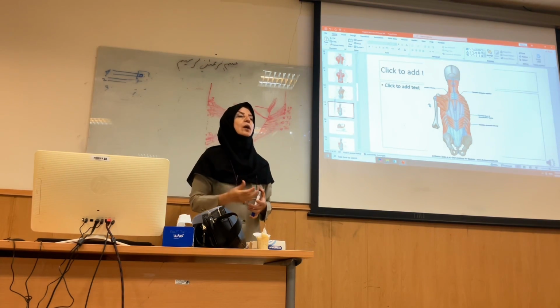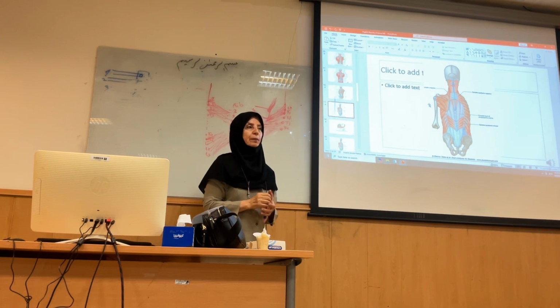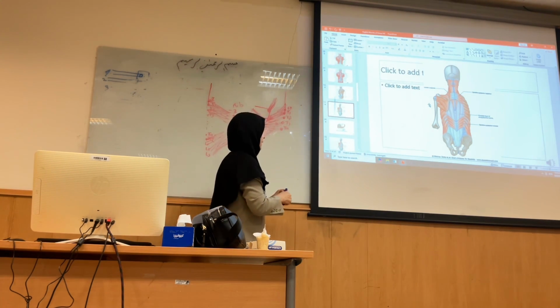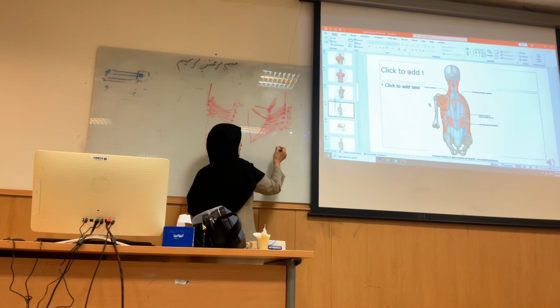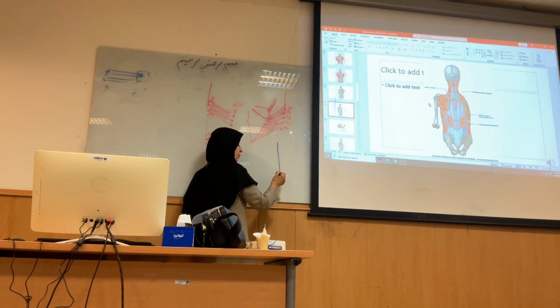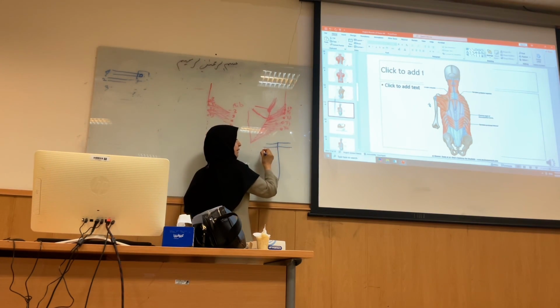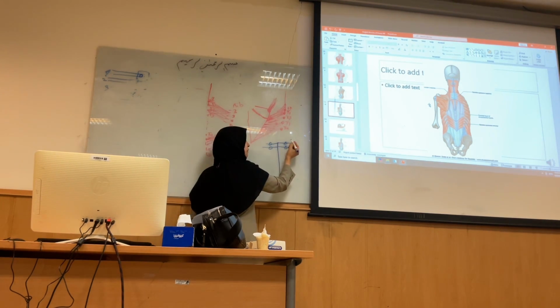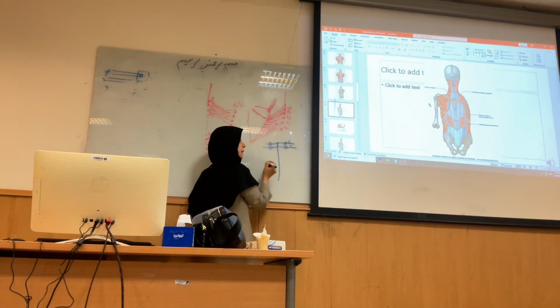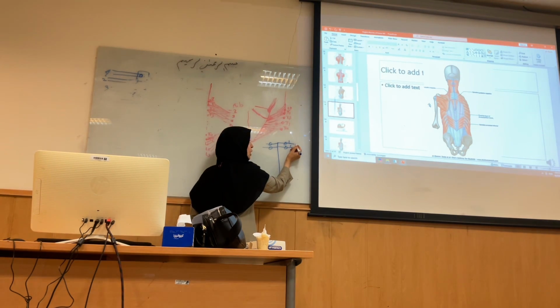Now, all of these nerves are the ventral branch or anterior branch, because when we explain the spinal cord, we have 31 pairs of spinal nerves. When they leave the vertebral column and come out, very soon they branch: ventral, dorsal. This ventral branch makes, for example, the intercostal nerve.